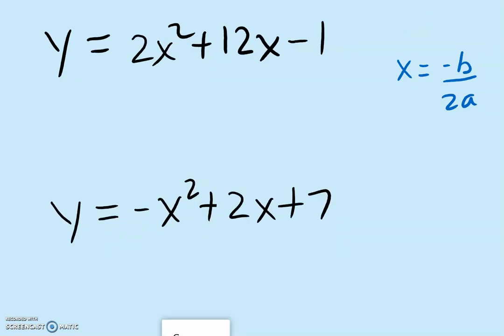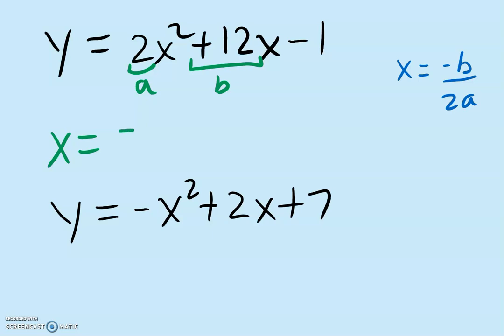Here you will see two more examples of how to use negative b over 2a to find the x-coordinate of the vertex. So in this first example, a is 2 and b is 12. So we will use negative b, which means I'm going to take this positive 12, and that negative in front tells me to change the sign.